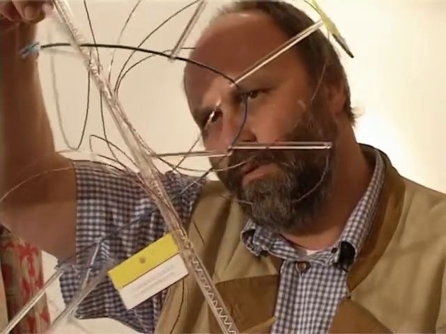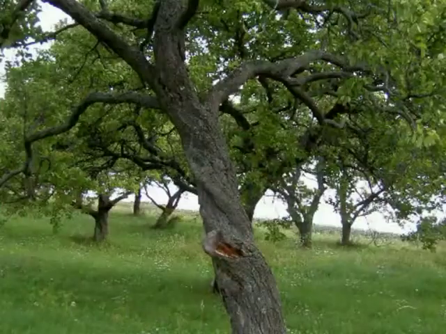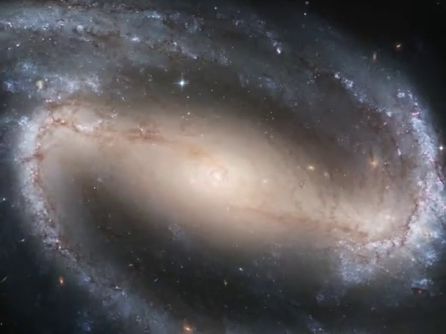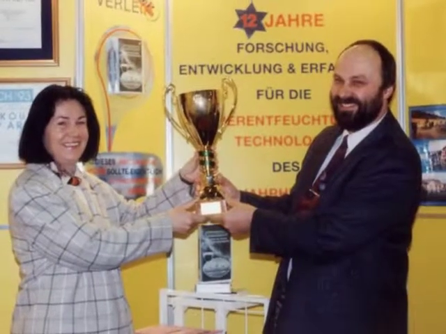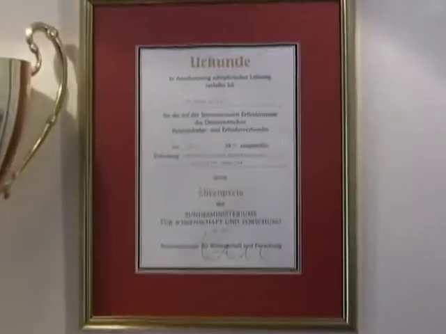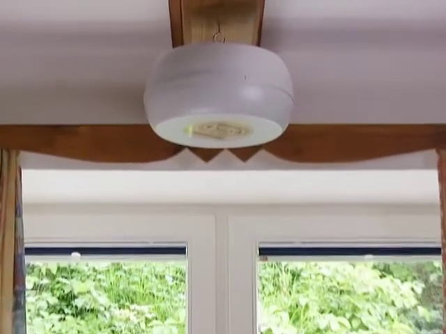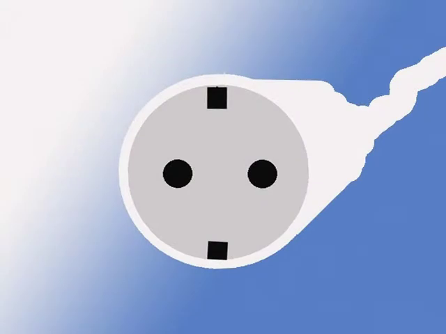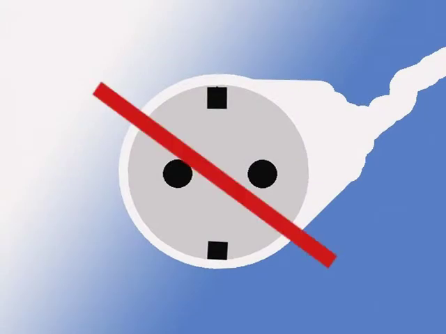The energy wave structures apparently play a role in nature and in the cosmos in cases of spiral phenomena. Mr. Mohan was awarded an honorary prize by the Ministry of Science for researching these energy wave structures on behalf of Aquapol Company. The Aquapol system causes no electrosmog because it does not require any electrical connection or batteries.